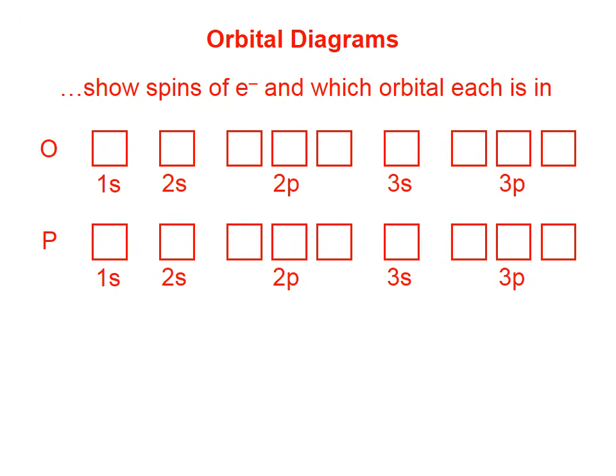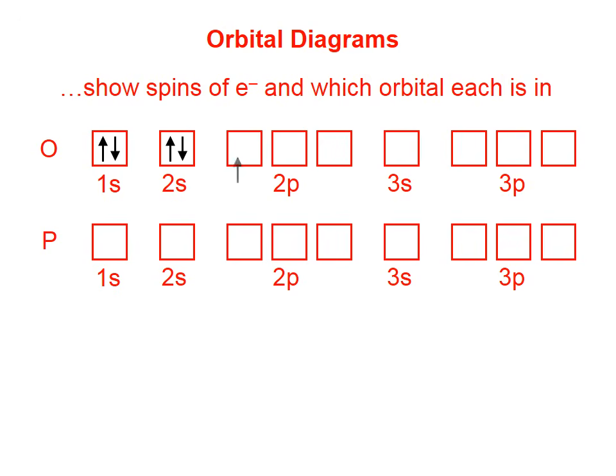Orbital diagrams show the spins of electrons and which orbital each is in. We show the spin by drawing an up arrow or a down arrow. Orbital diagrams are very similar to electron configurations. An oxygen atom has 8 electrons: 1s2, 2s2, and then it ends with 2p4. What is tempting to do would be to draw in, for an orbital diagram, up, down, and then an empty orbital.